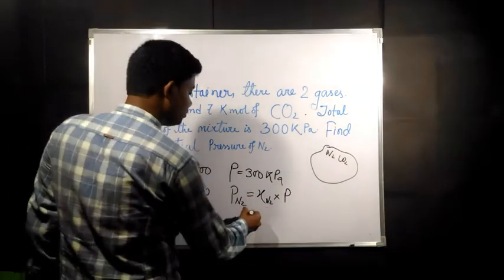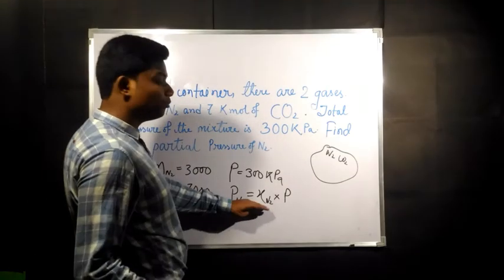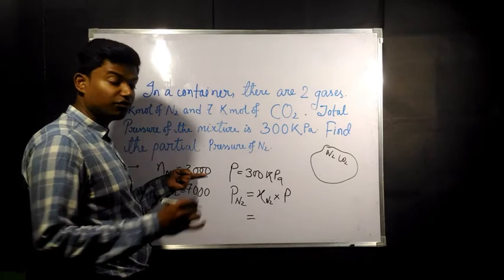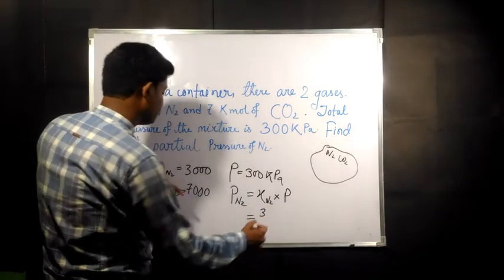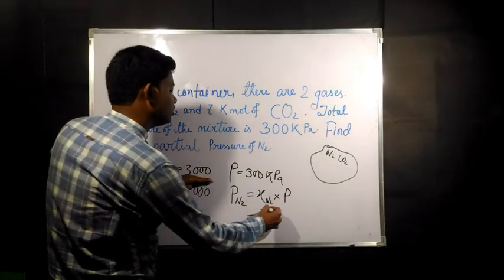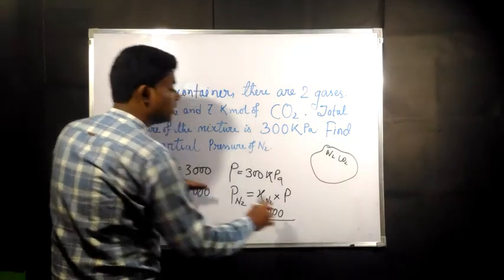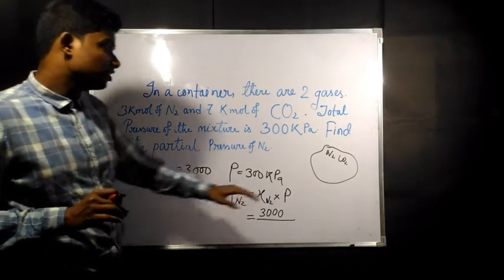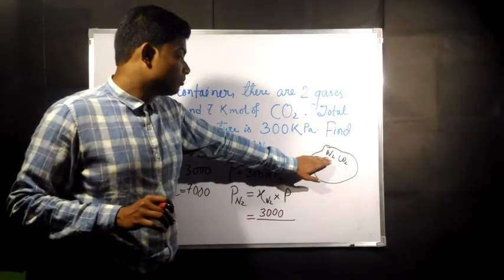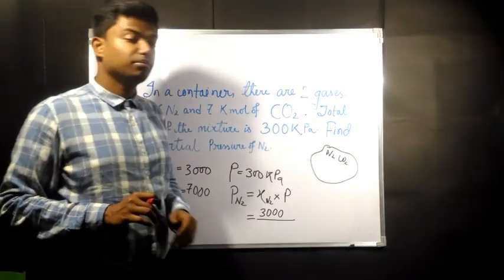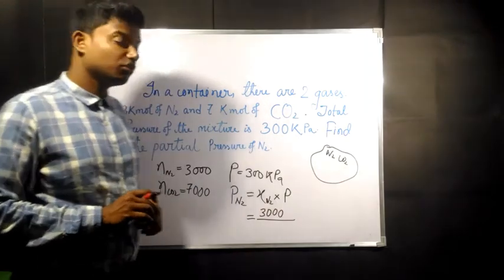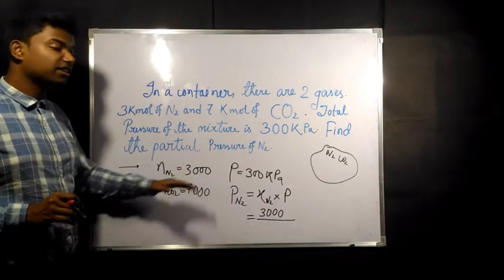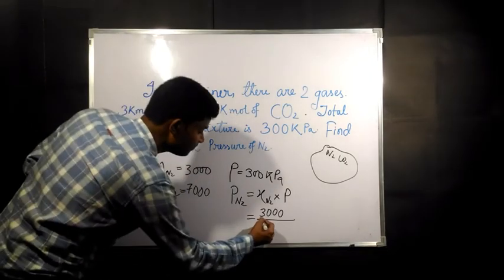The mole fraction is the ratio of the number of moles of that gas, here 3000, divided by the total number of molecules, which is the sum of N2 and CO2, given as 3000 and 7000. Adding them, we get 10,000.